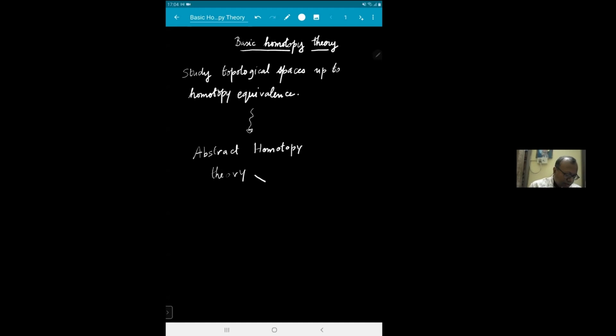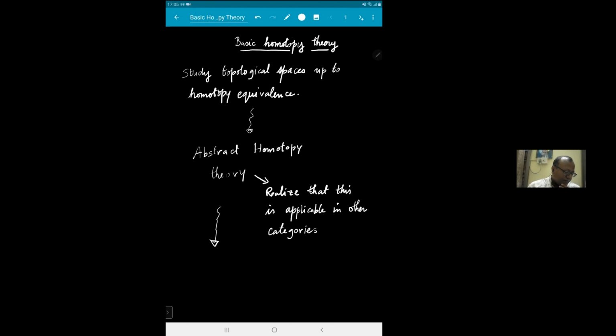And then you realize that this is applicable in other fields as well, in other categories. Categories coming from algebra or from algebraic geometry, you see that you can use stuff from abstract homotopy theory to analyze them.